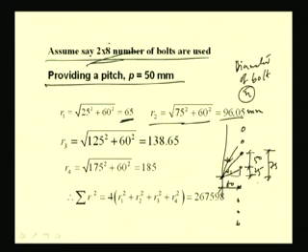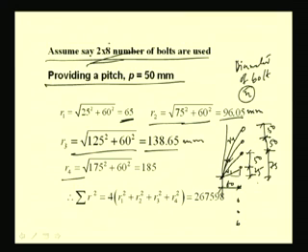Similarly, R3 can be found out as another 50 is added, so this will become 125. So, root over 125 square plus 60 square is becoming 138.65 millimeter.